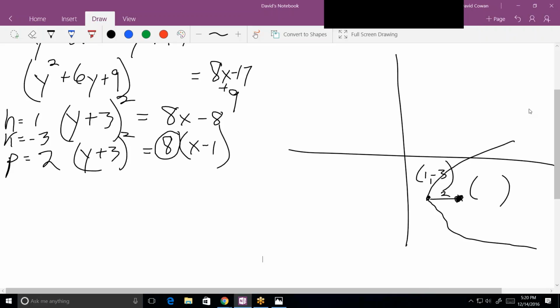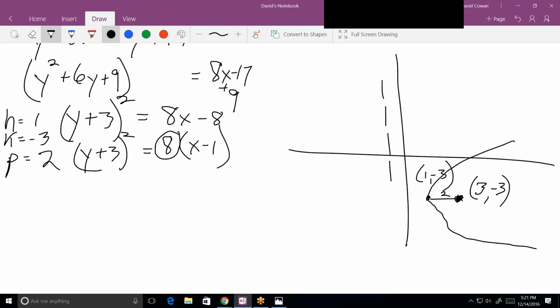So back to this question, what are the coordinates of the focus if it's 2 units to the right of the vertex? It's going to be 3, -3. Correct. So that's where your focus is. And the directrix is always a perpendicular line to the axis of symmetry.